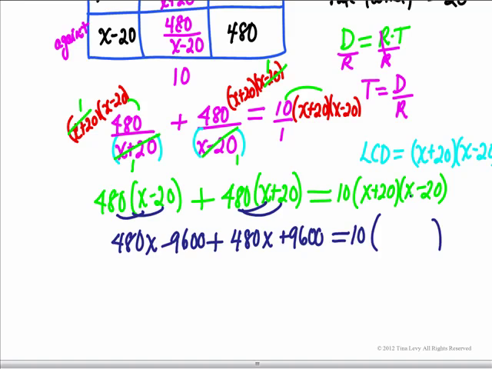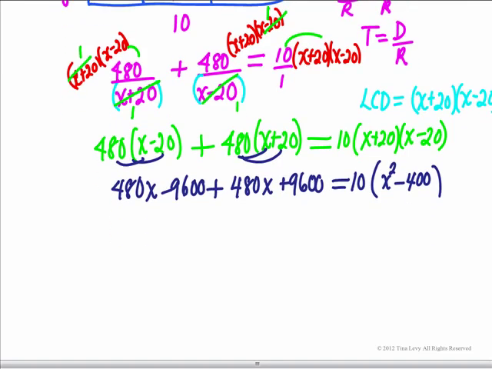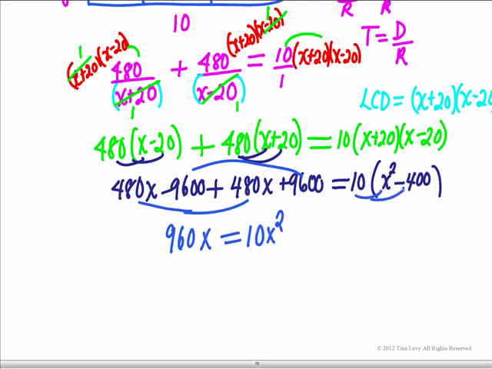This is difference of squares, so it's x squared minus 20 times 20, 400. So I need one extra step before I can get ready for the quadratic part. Combining like terms, these zero out, and I have 960x is, distributing the 10 through, 10x squared minus 4,000.